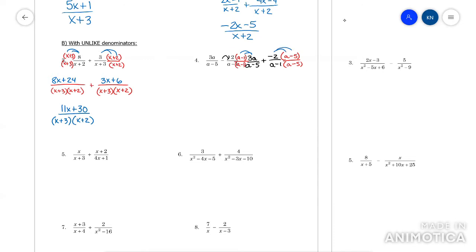So it becomes 3a squared minus 3a over the common denominator plus negative 2a plus 10 over the common denominator. Now you can combine numerators and get 3a squared minus 5a plus 10 over your common denominator.